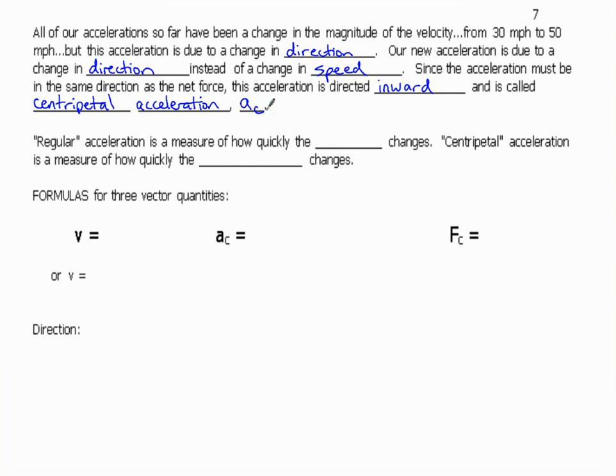Now, the fact that this acceleration is directed inward might not make sense at the moment. We'll get there. Regular acceleration is a measure of how quickly the speed changes. Centripetal acceleration is a measure of how quickly the direction changes.